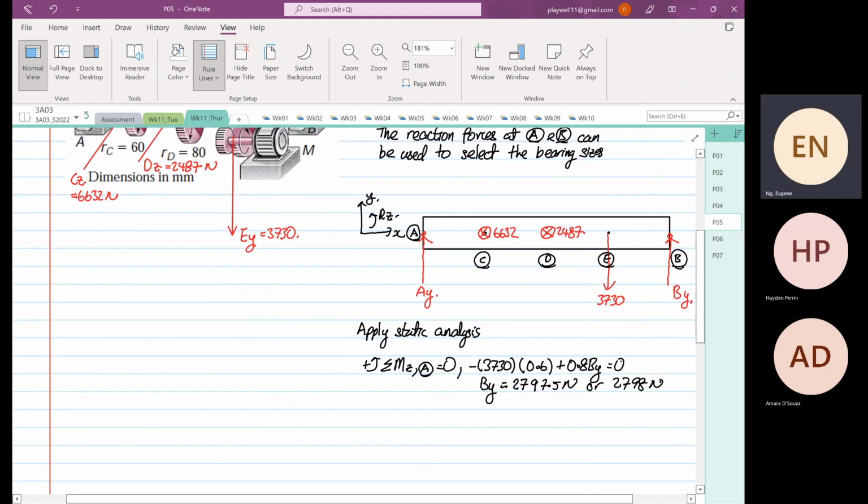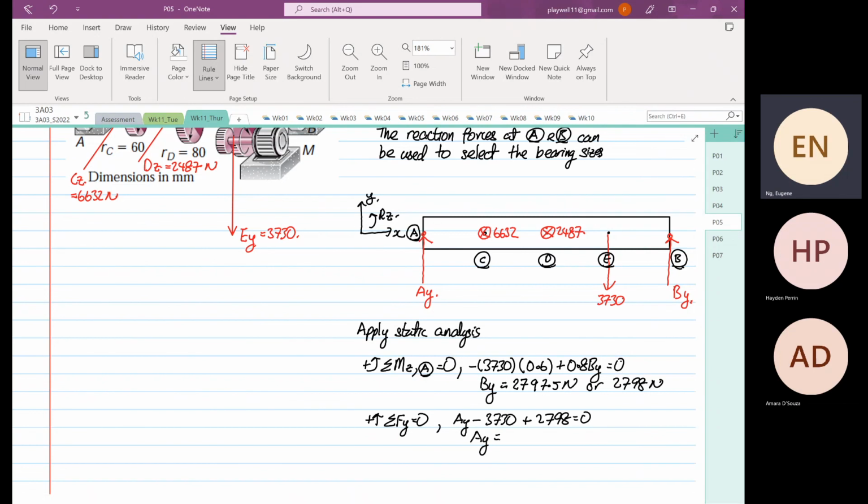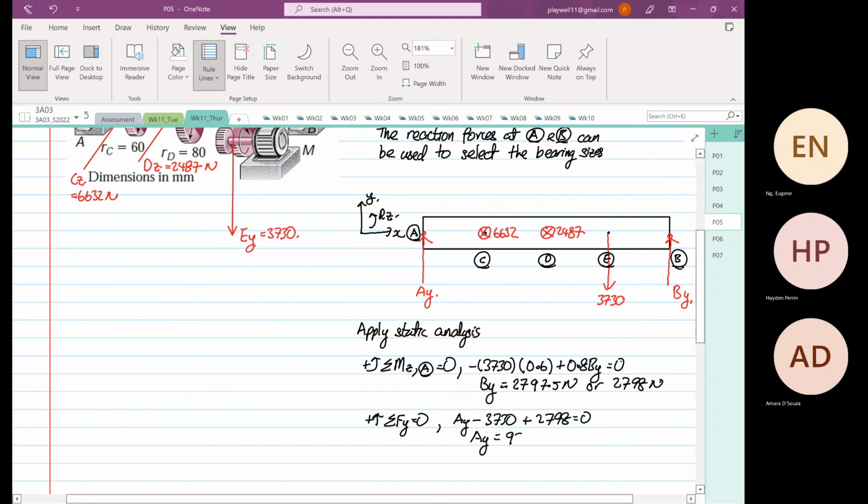Then you take the sum of forces in y. So you have Ay minus 3730 plus By, 2798, is equal to 0. So Ay is equal to 3730 minus 2798, which is 932 Newton. And they are both going up.